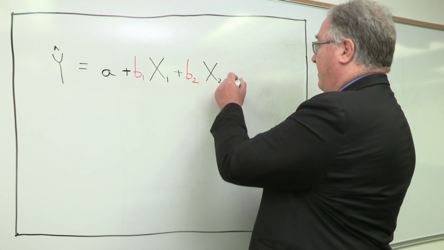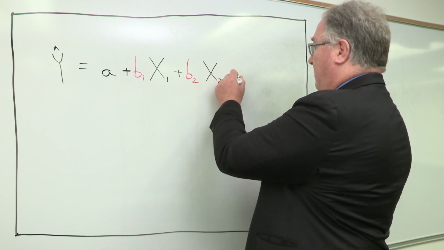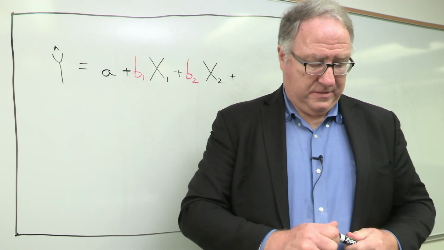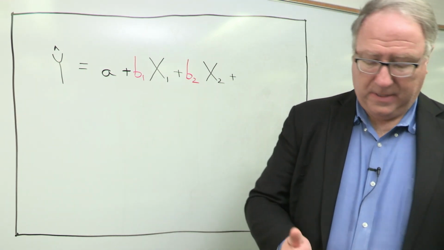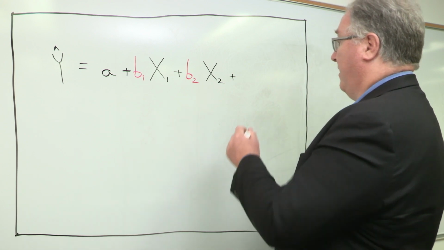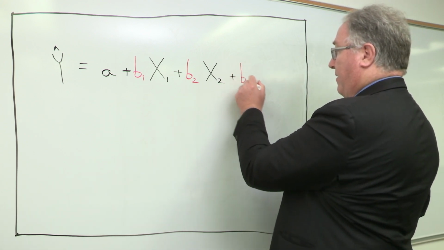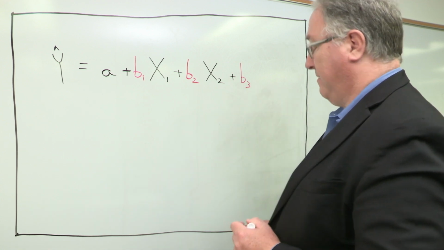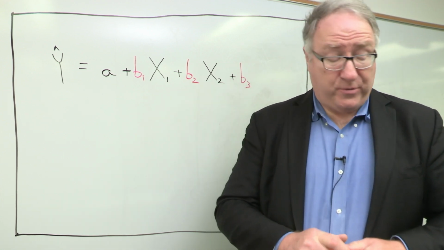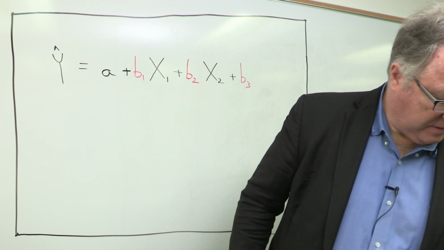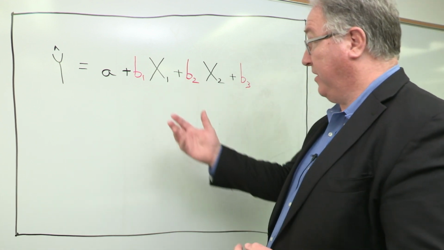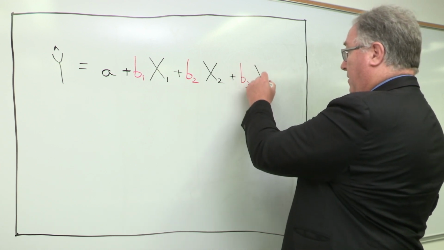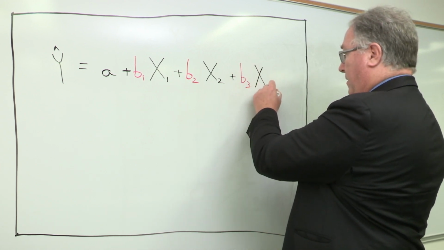And then, to finish our model up, because this model consists of 3 predictor variables, we now have our regression coefficient, B sub 3, and that's the regression coefficient, no surprise, based on what you've seen already, for predictor variable 3.